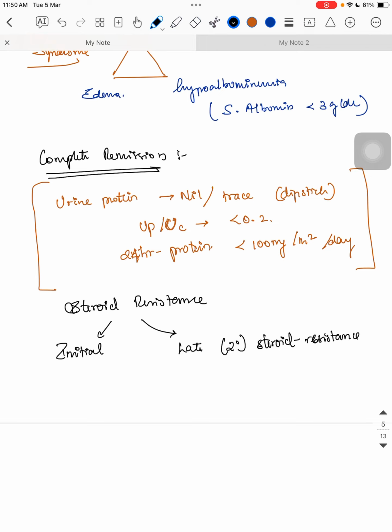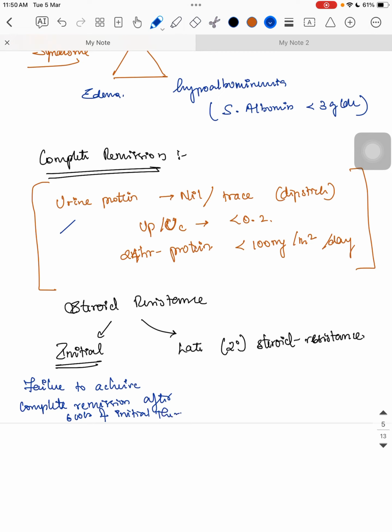Initial resistance is failure to achieve complete remission after 6 weeks of prednisolone therapy. So failure to achieve complete remission after 6 weeks of initial therapy is called initial steroid resistant.